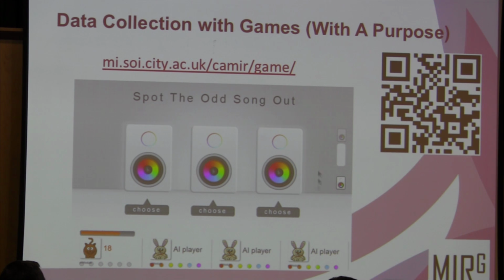So the idea is we collect similarity data by presenting 3 pieces of music, and you choose the one that doesn't belong to this group, so the odd one out, which tells us that this one is less similar to each of the others than the other two among themselves. Okay, I skipped the video I have of this. You can play it yourself to keep within the time.